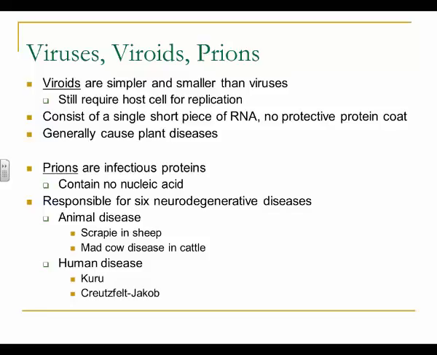It's a very slow progressing disease, but by eating meat that has come from a cow with this neurodegenerative disease called mad cow disease, you can acquire a neurodegenerative illness.